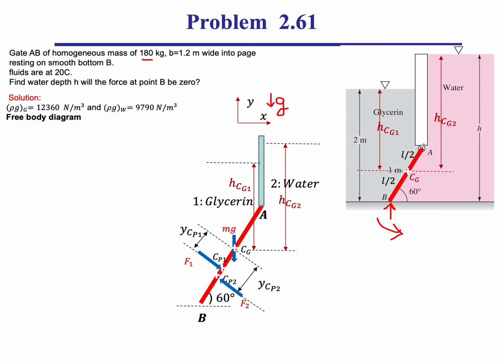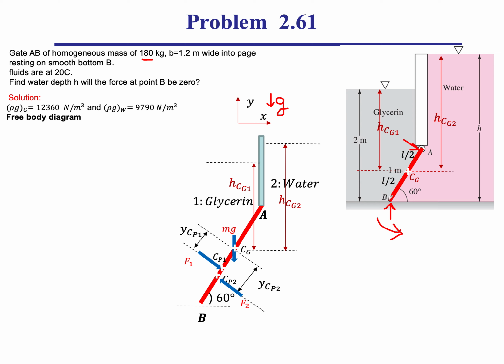So what is the pressure at this location? It is rho g h, rho g multiplied by this height. So I have pressure acting at point A of this magnitude, which I can compute: rho glycerin times h A times g, rho g h. That's the pressure at point A.